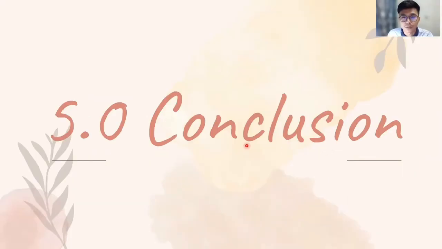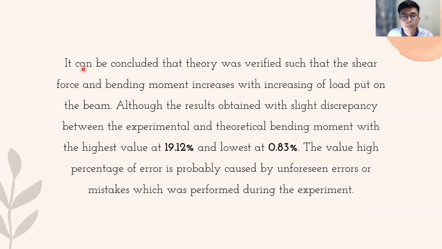Finally, the conclusion. From the experiment, it can be concluded that the theory was verified such that the shear moment and bending moment increase with increasing amount of load which is put on a beam, although the results obtained had slight discrepancy between the experimental and theoretical bending moment, with the highest value at 19.12% at the load configuration part 1 and the lowest value at 0.83% at the load configuration part 2.